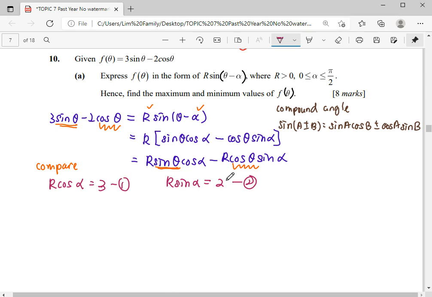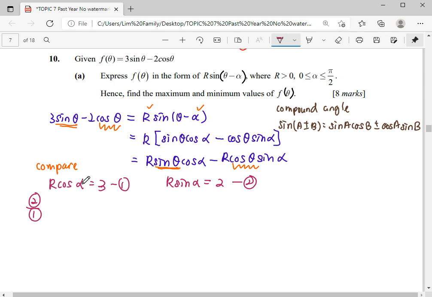So after we get these two equations, we have to solve these two simultaneous equations to get what our R is and what our alpha is. In order to solve here, we will try to find the tangent. So we will take equation 2 divided by equation 1. We can eliminate our R and we get alpha.